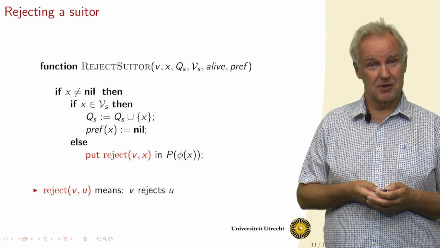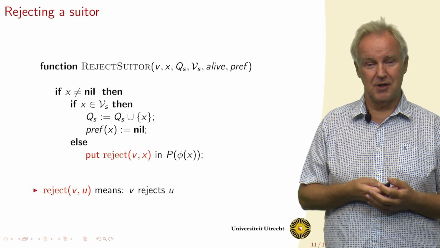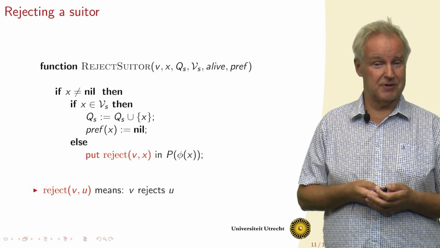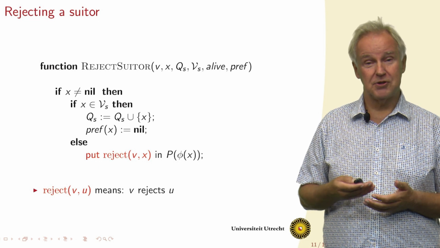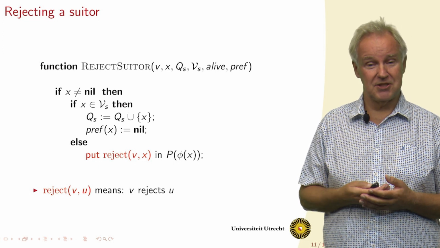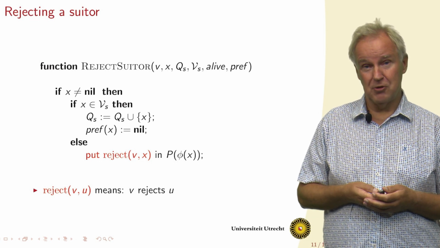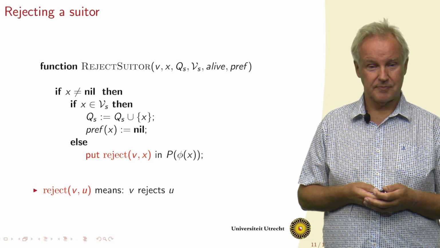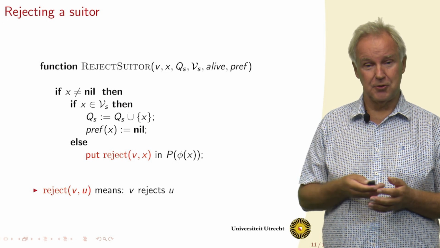If X is local, in the local set Vs, then you just have to add it to the work queue and set its preference to nil. Otherwise, you have to put a reject message into the processor, the owner of X. Reject(V,U) means V rejects U.